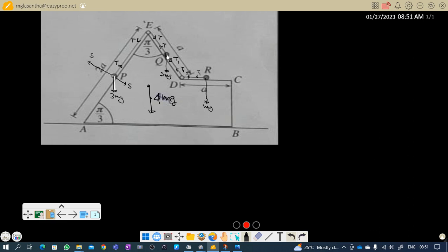So here also you can mark reaction S1, and this one S2. Although you mark these reactions, I think you don't need them. Without using these reactions, you can calculate the required time.